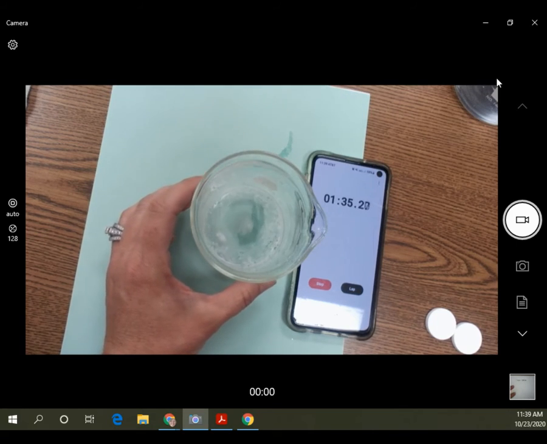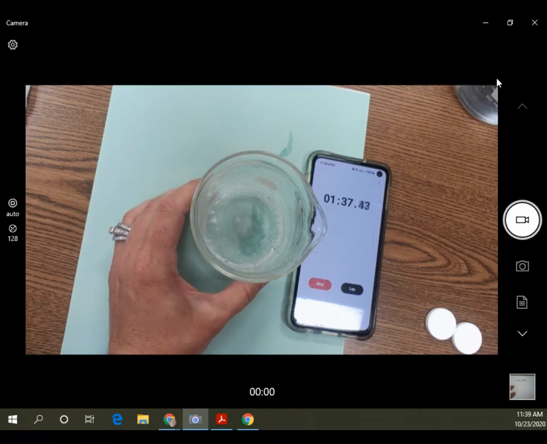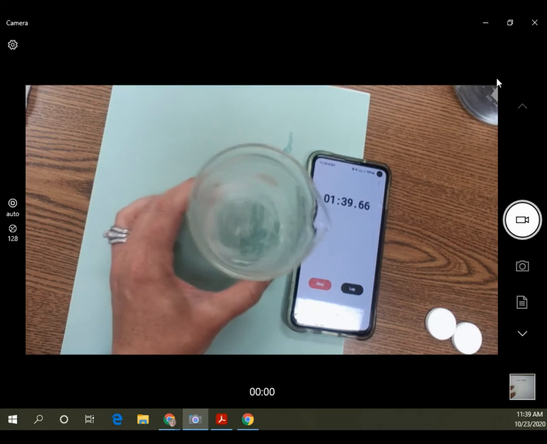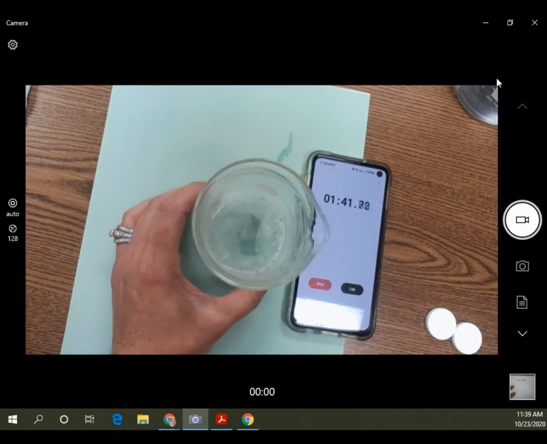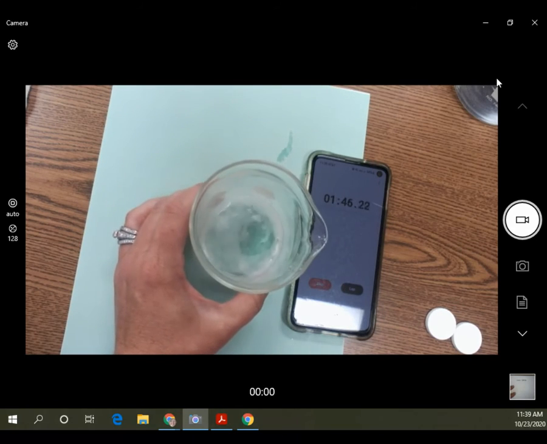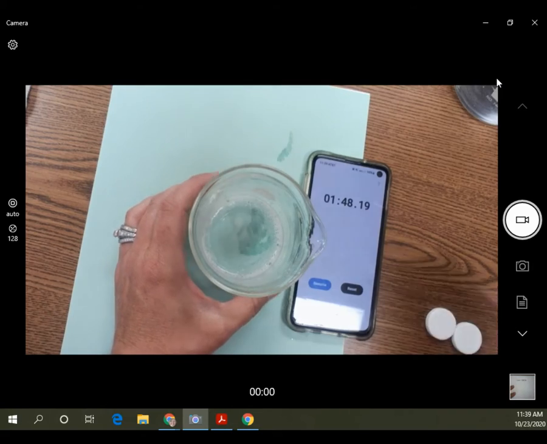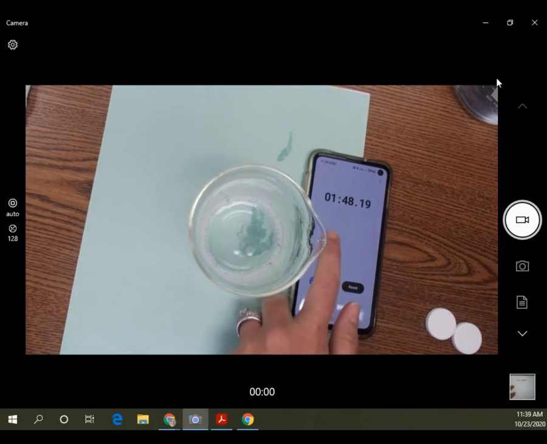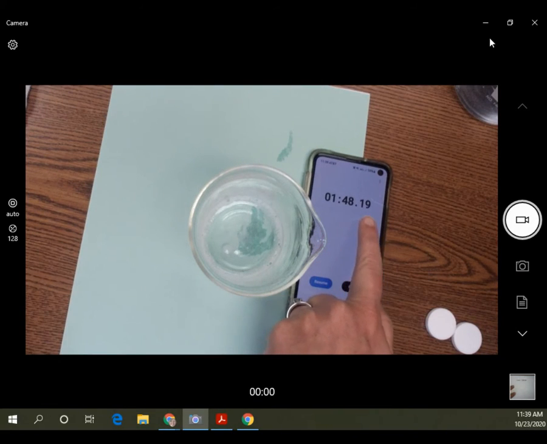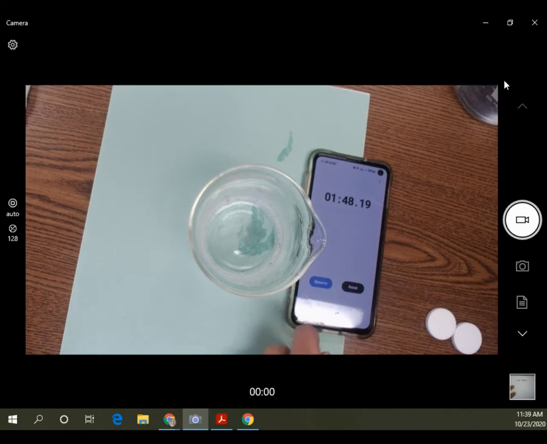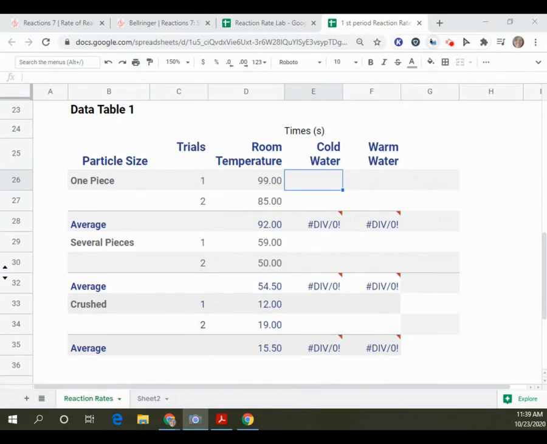Well, we still have a piece there. Let's see. All right, that's good. So our time is 1 minute 48.19. So 1 minute 48 seconds. Let's go ahead and record that data. So that would be equals 60 plus 48. That's 108 seconds. So let's try it again.